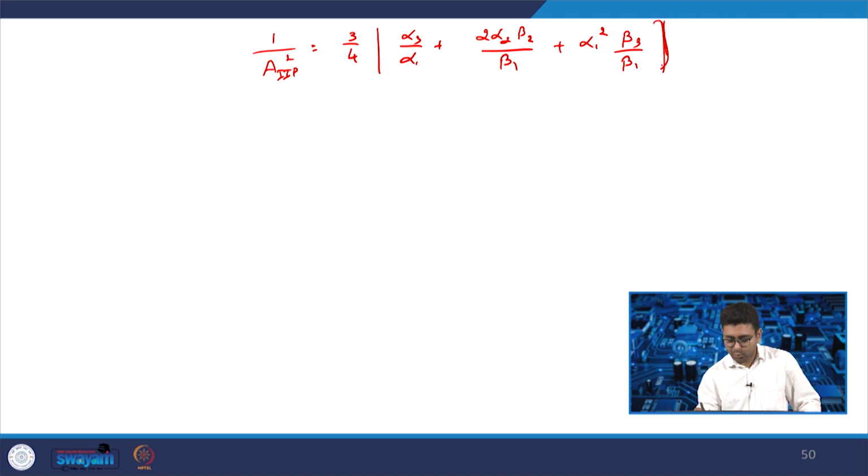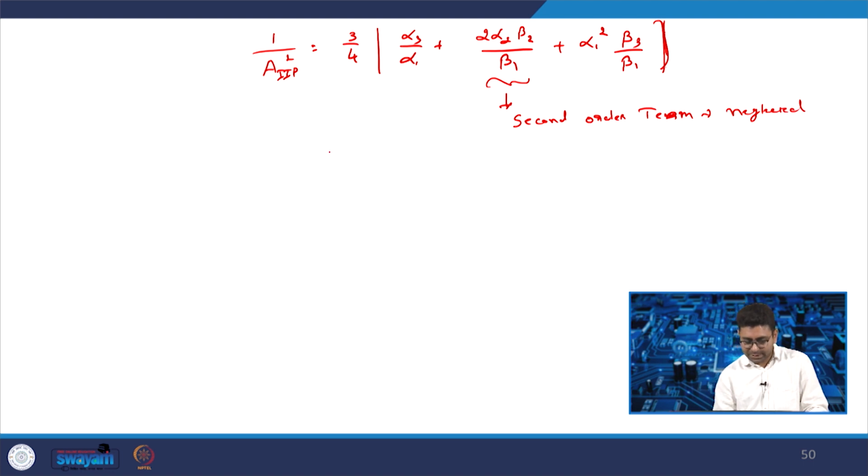So, this is a mode. Now, this term is due to the second order. Because alpha 2 and beta 2 are second order terms, we can neglect them if we are considering the third order nonlinearity. So, this is due to the second order term and it can be neglected.